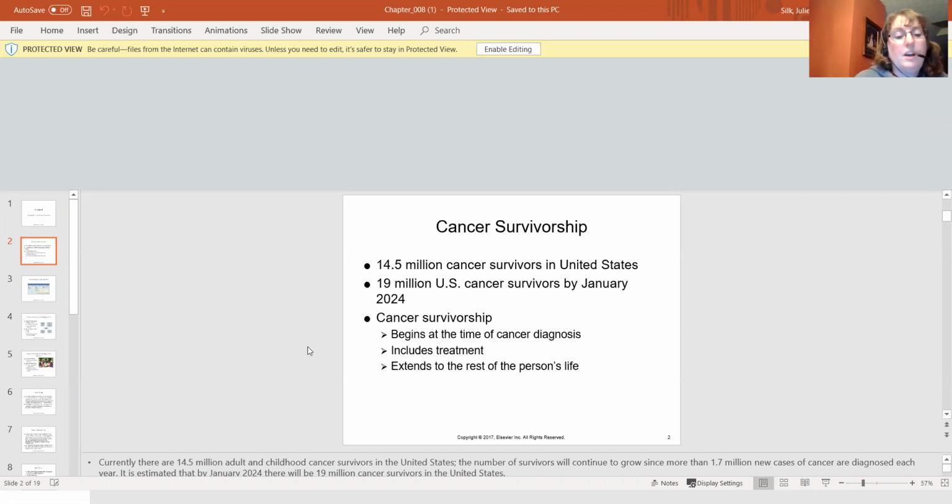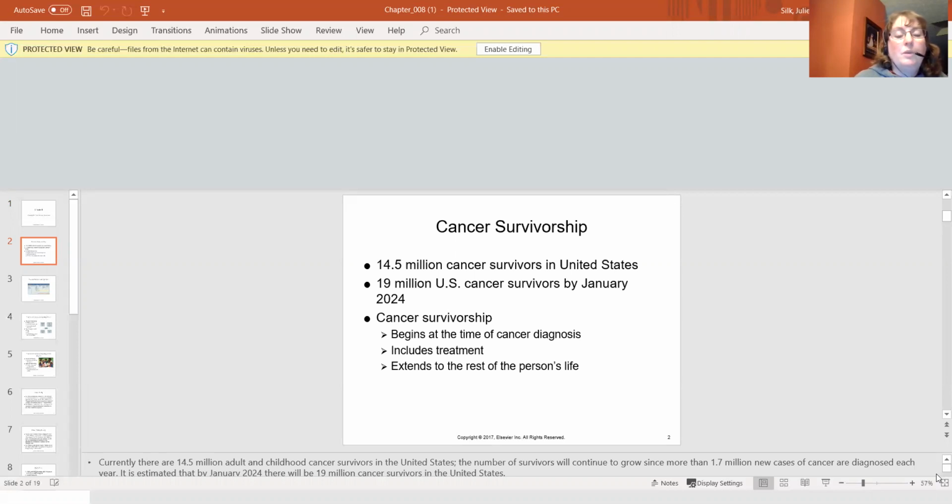About 14.5 million people have had cancer, and that will continue to grow since more than 1.7 million new cases of cancer are diagnosed each year. It's estimated that by January 2024, there will be 19 million cancer survivors in the United States.